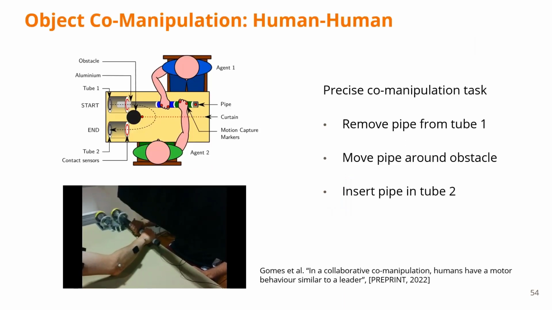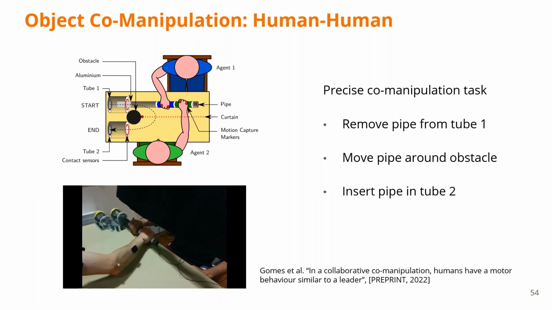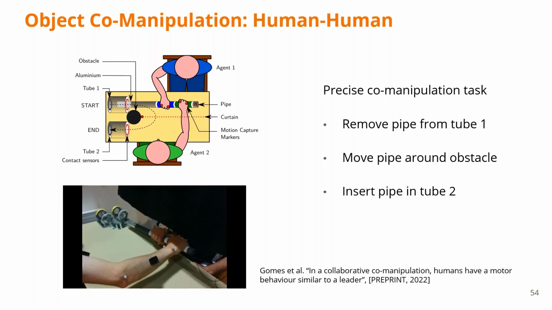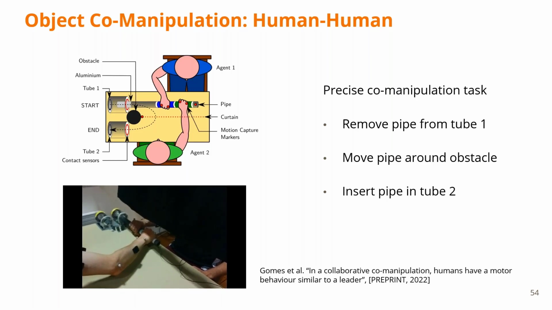In particular, we developed this task that you can see in the video, where a human dyad needed to execute a co-manipulation task. In the task, the agents had to remove a pipe from a tube while not touching the tube's walls, move the pipe around a cylindrical obstacle, and finally insert the pipe into a second tube, again without touching the tube's walls.